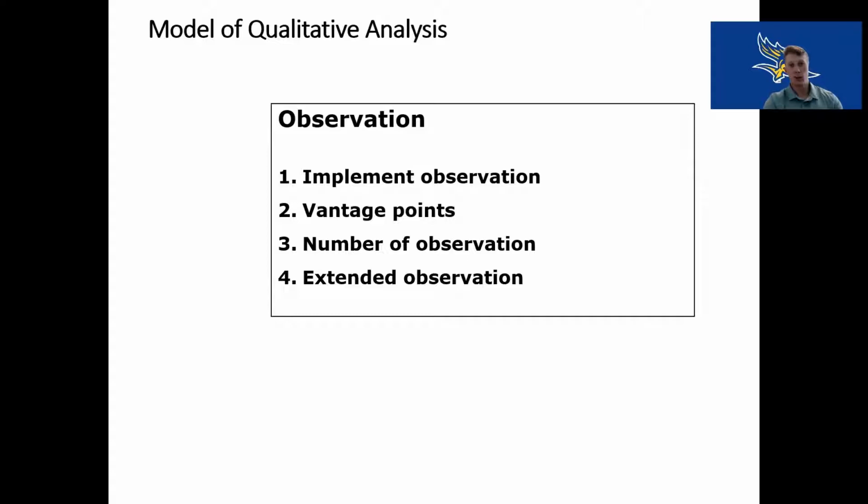For the sake of our class, we're going to use 2 vantage points and 2 observations at a minimum. And then how could you possibly add extended observations? This can be over time. If you're in maybe a coaching setting, you're looking at movement day after day after day and looking at progress of the quality. So this is our observation phase. This is looking at how we're going to view that movement.